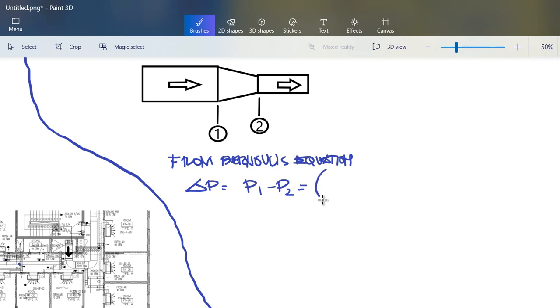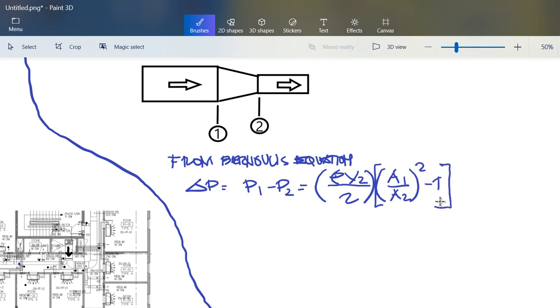So we have your equation of the density times the velocity 2 squared divided by 2, multiplied by the ratio of area 1 divided by area 2, squared, minus 1.